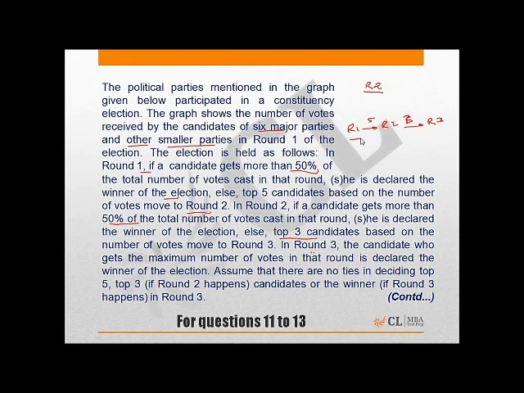That is assuming no one gets 50% or more than 50% votes in either round 1 or round 2, then round 3 will be only for the top 3 candidates. Okay. And whoever gets the maximum number of votes in round 3 wins. Assume there are no ties in deciding top 5, top 3 candidates or the winner in round 3. Okay, so there are no ties anywhere.